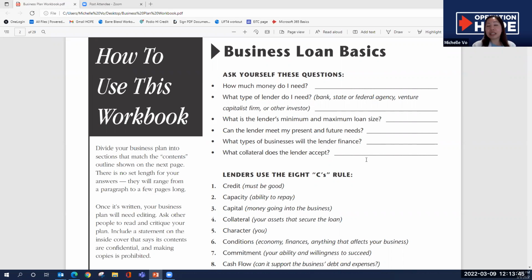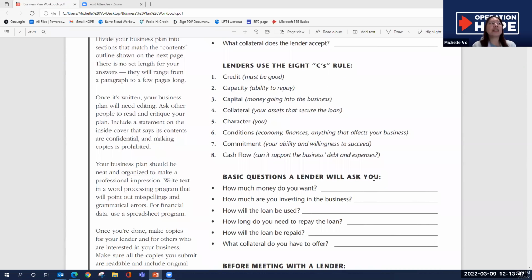What collateral does the lender accept? Typically the lender will use the five C's rule to see if you can qualify for a loan. That typically includes credit, the business credit; capacity, your ability to repay the loan; capital, the money going into the business; collateral, what assets you can offer to secure the loan; character, which is you and your personal credit history; conditions, which is the economy, the finance, anything that affects your business; and commitment, your ability and willingness to succeed in this business.